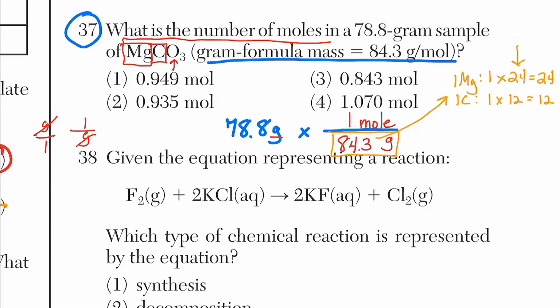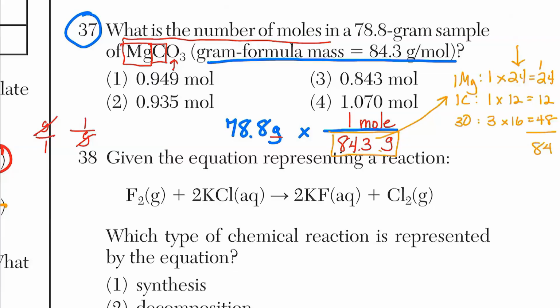We're just going to round them off. And then we have 3 oxygens in this formula, 3 times the atomic mass of 16, and that's 48. You add that together, and I get 84. And that's close to 84.3.